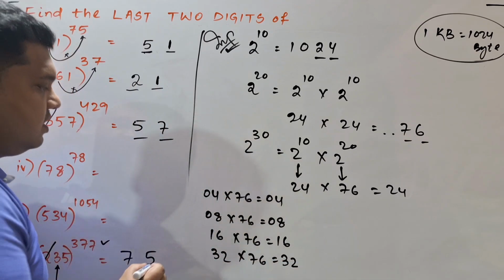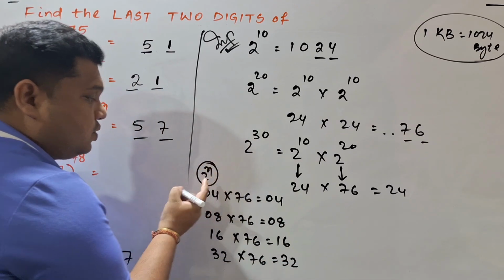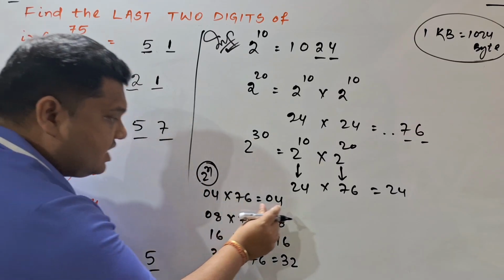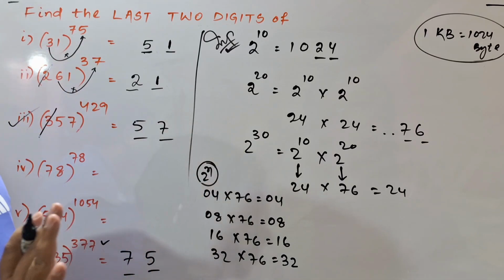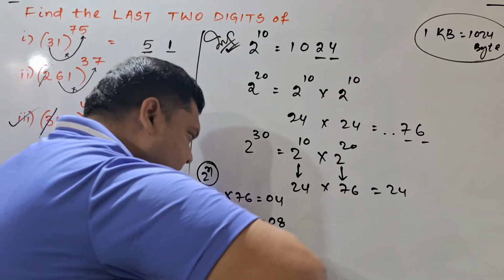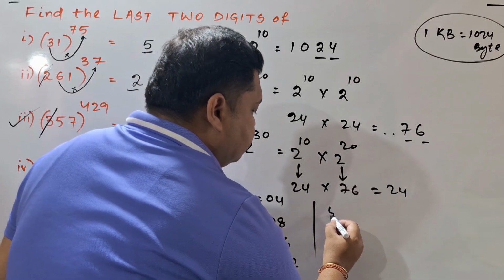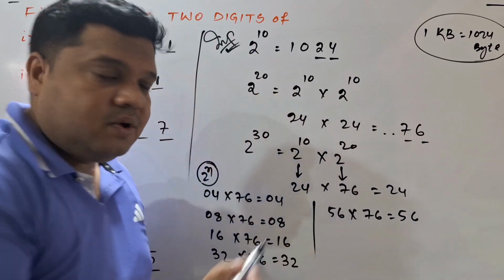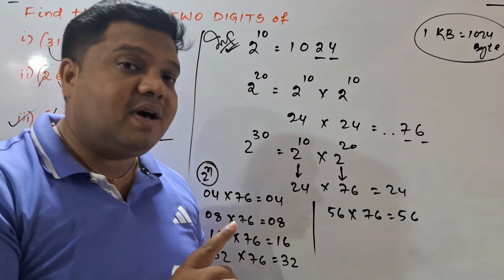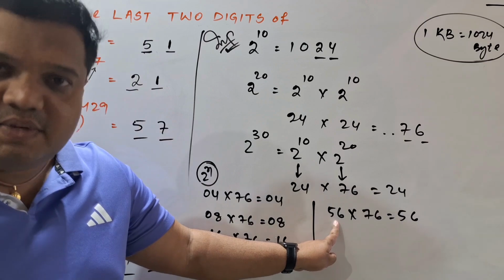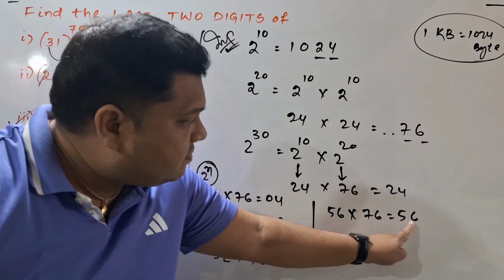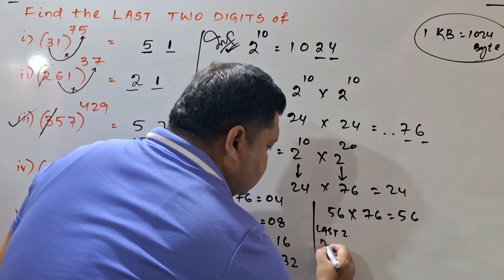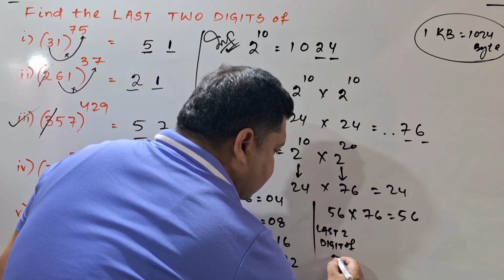Basically, the observation is: the last 2 digits of 2 to the power n, when multiplied with 76, give the last 2 digits of 2 to the power n. Another example: suppose I say 56 into 76. The answer is 56. How? You know 256 is 2 to the power 8. 2 to the power 8 is 256, into 76, I will get 56. This is the last 2 digits of 2 to the power n.